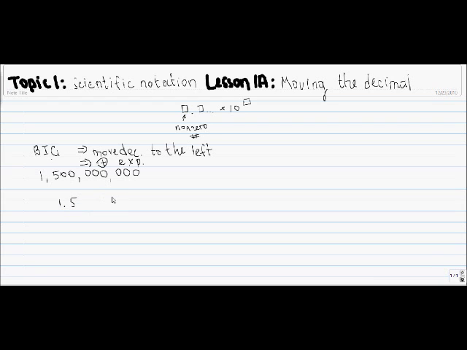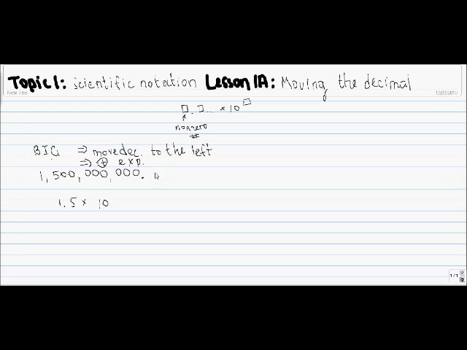You can put as many zeros as you want. This topic will be significant figures, but that will come in later videos. For now, we got 1.5 times 10, and now, just like it says, use a positive exponent and move the decimal point to the left. So basically, at this point, the question is where do we have the decimal point? After this big number, the decimal point comes after the last 0.